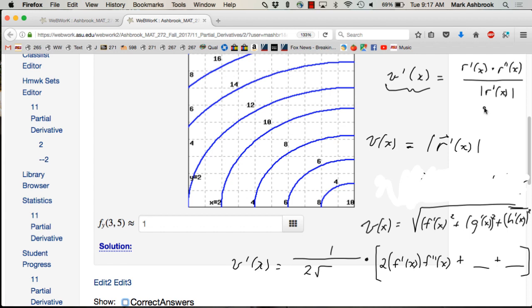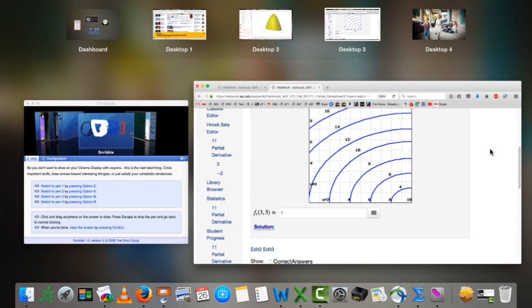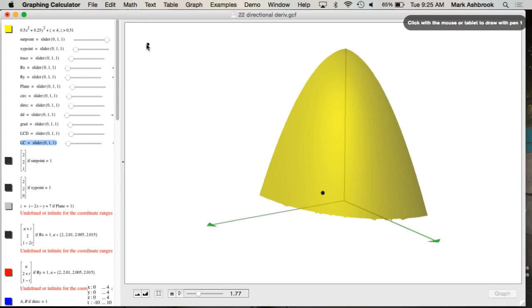Okay, very good. So I want you to work on something here. I want you to sketch the right function here. How many variables is this in?